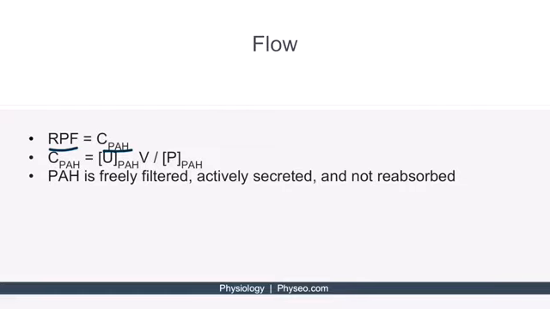As we just discussed, clearance equals the urine concentration times the flow rate divided by the plasma concentration, or UV over P. So with this in mind, we can say that the clearance of PAH equals the urine concentration of PAH times the flow rate divided by the plasma concentration of PAH. Remember, PAH is freely filtered, actively secreted, and not reabsorbed.